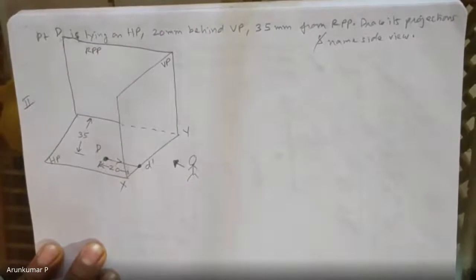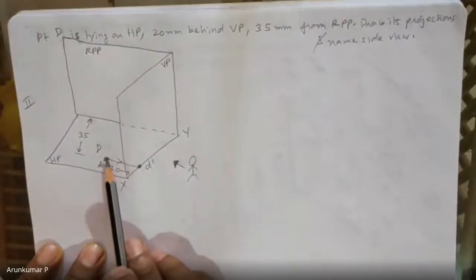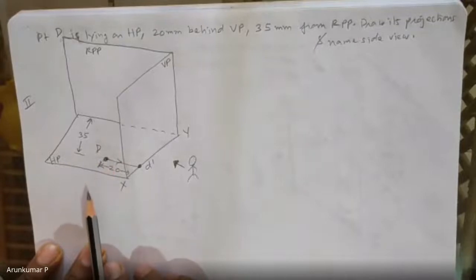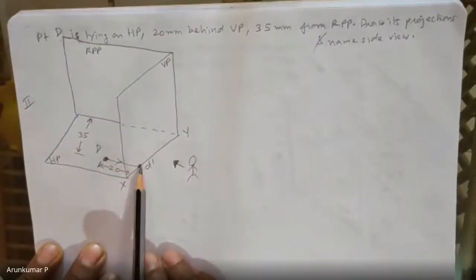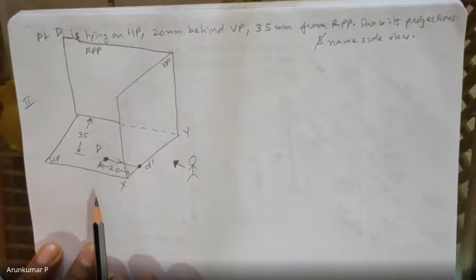Can you see where the front view is falling? On XY line. Yes, it is on XY line because the point D is on HP. So the front view will be on XY line.